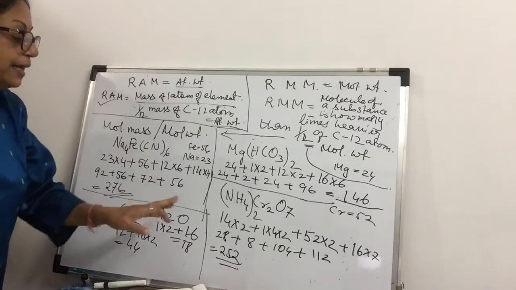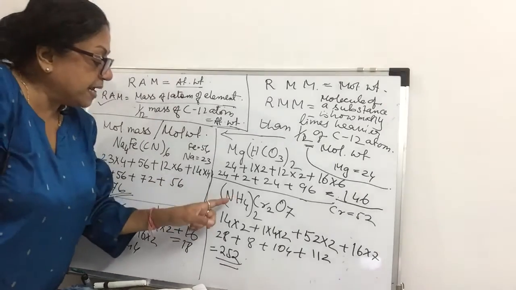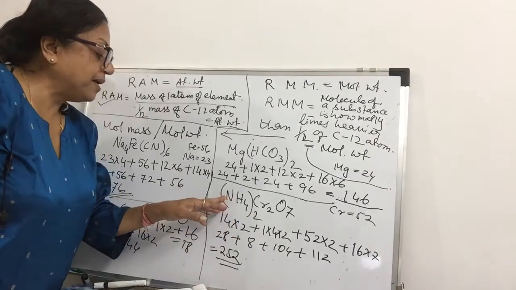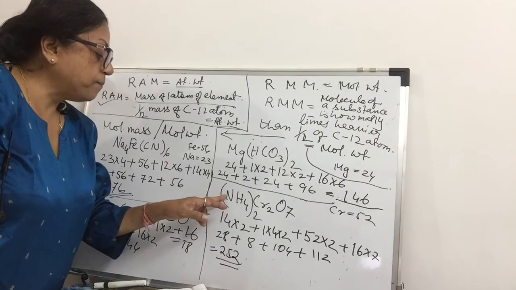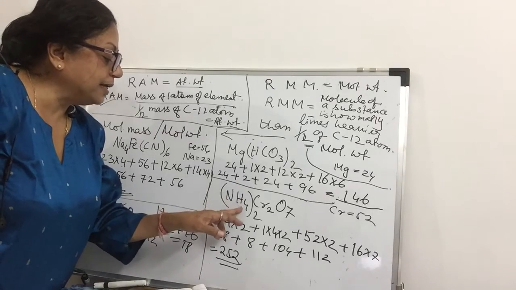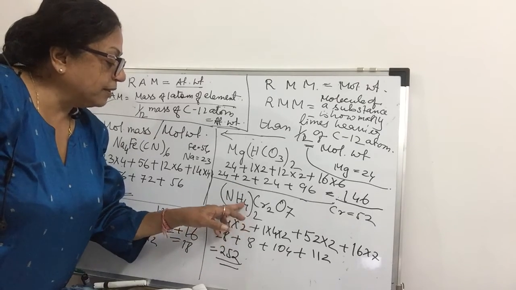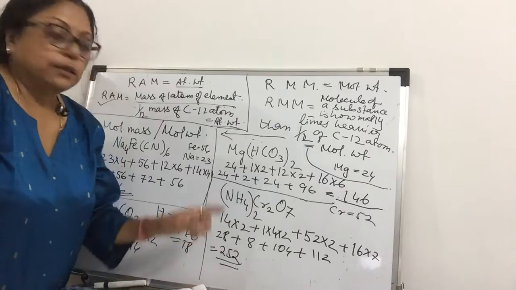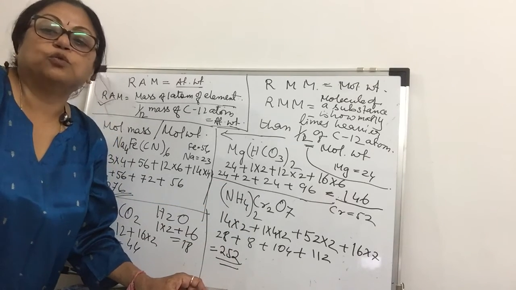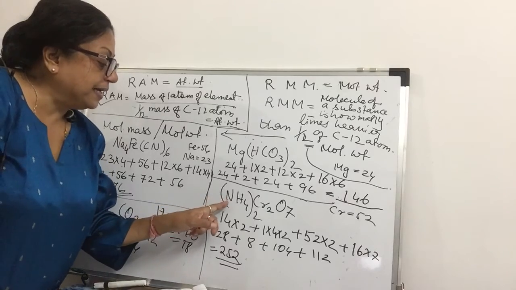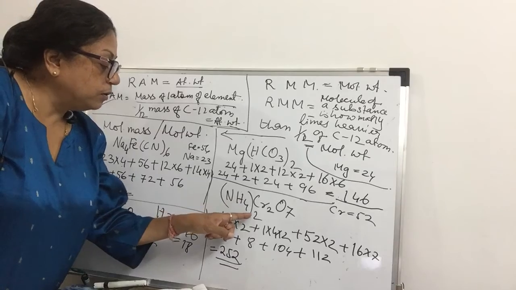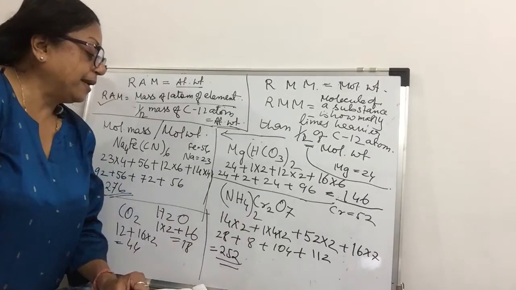The children make a mistake: they ignore this part. Sometimes they feel it is to be taken with only one element, or only for the last element. No. The whole thing has to be multiplied with 2. Separately, nitrogen 14, so 2. Hydrogen 4, 2 into 2, 8.